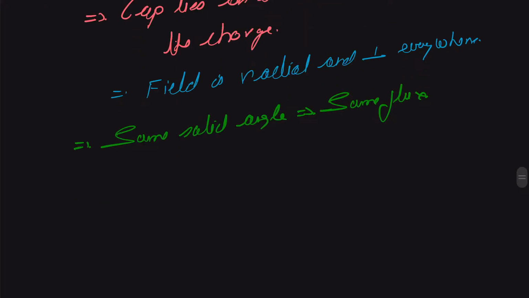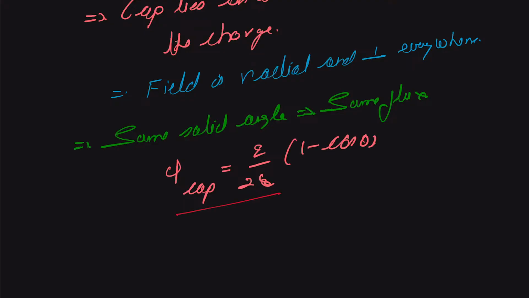Therefore, our flux in case of part B, that is for the cap, will also be equal to q upon 2 epsilon naught (1 minus cos of theta). So in part A as well as part B, we have the same value of flux.